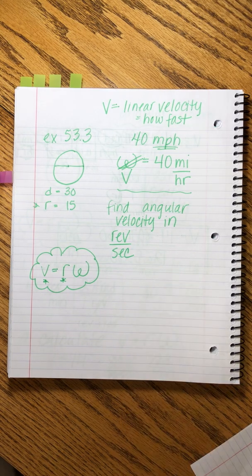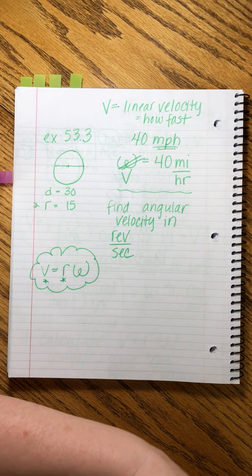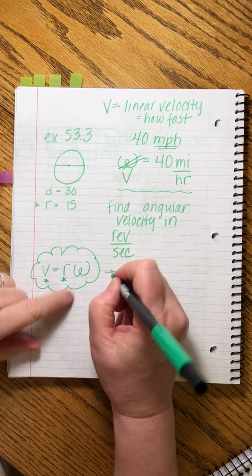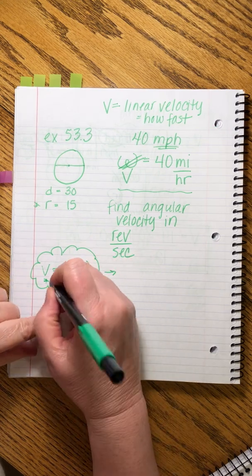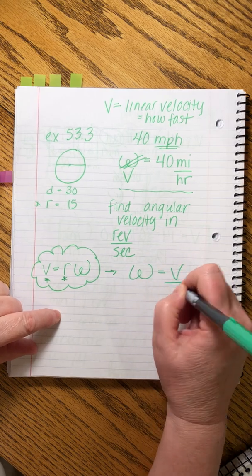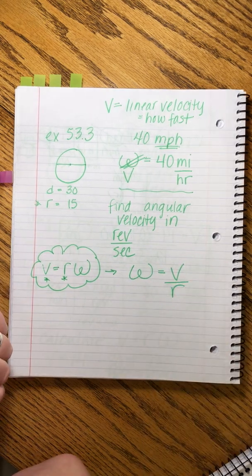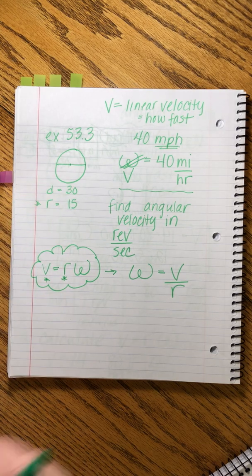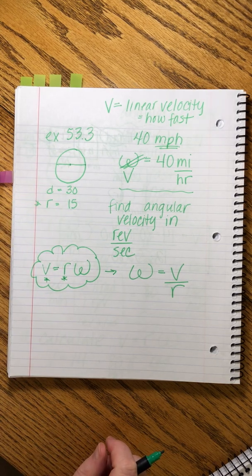Are you ready? Okay. So what we can do is restate this because we're trying to find omega, right? So if we divide both sides by R, we can get omega equals V over R. Now, we can put the numbers that we have into this.